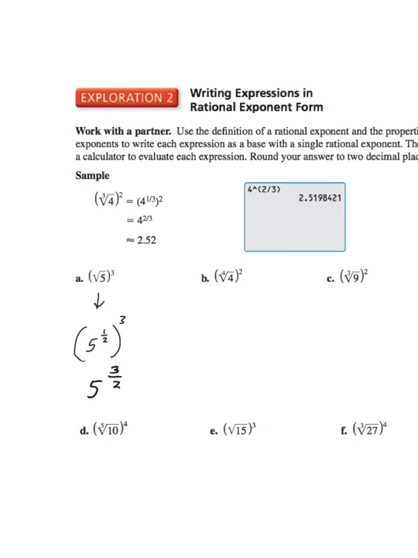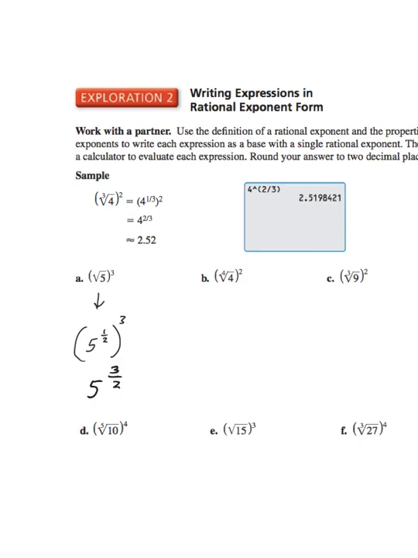You don't have to put it in a calculator. What I'd like you to do is to transform the radical expression into just a number with an exponent. So I'm going to do B, and then I'm going to pause, and then you're going to finish the rest of these, all right?